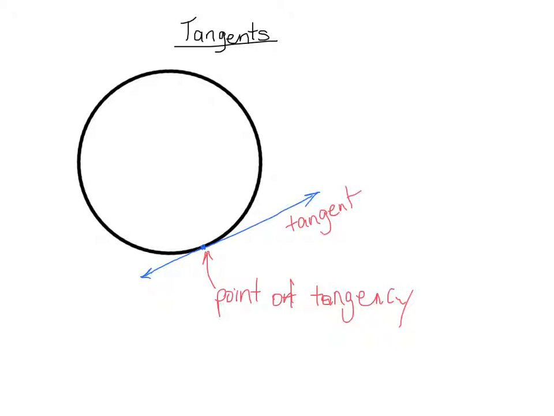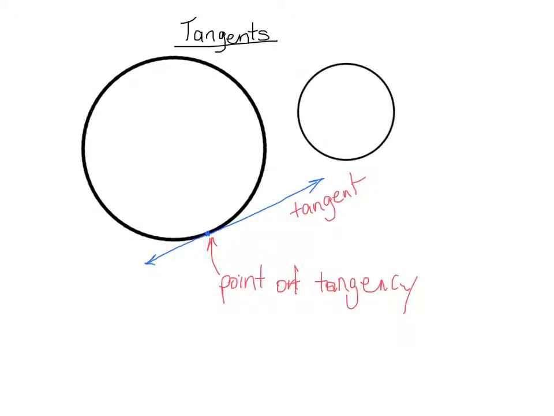All right, so if I have multiple circles, they can have a common tangent. So let's say we have another circle here. I could have multiple lines that go through this space here, or this space here, or right here. That's a common tangent to both circles.